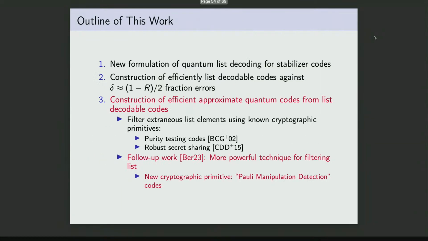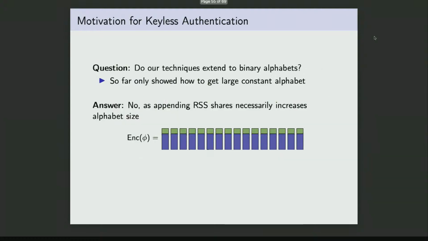I'll now describe this follow-up work by Thiago, who actually got this more powerful technique for filtering the list with a new cryptographic primitive. The motivation is that we often care about binary alphabets, and we could ask, do our techniques extend to binary alphabets?